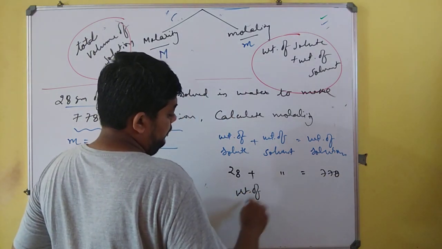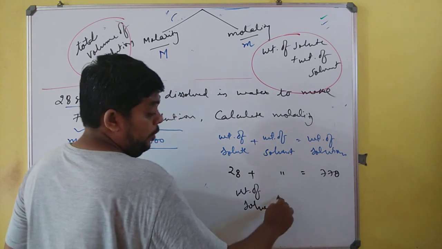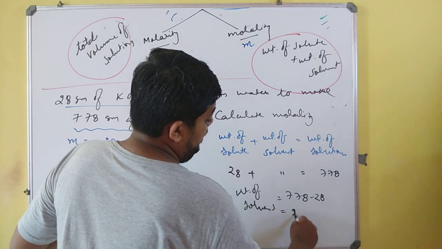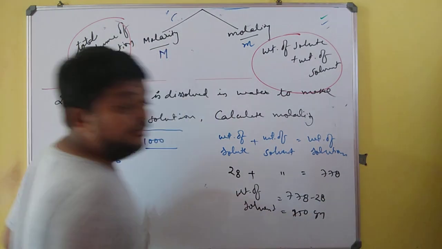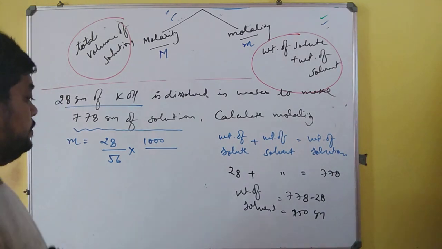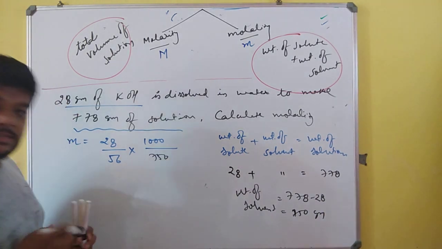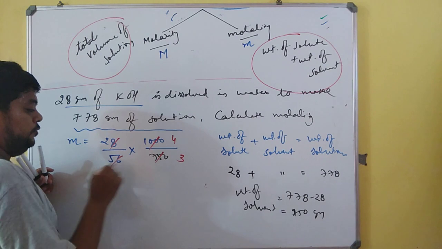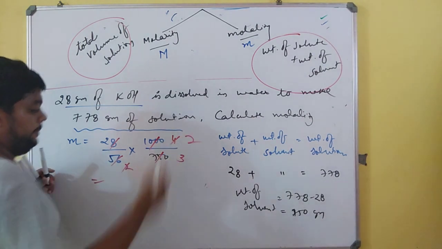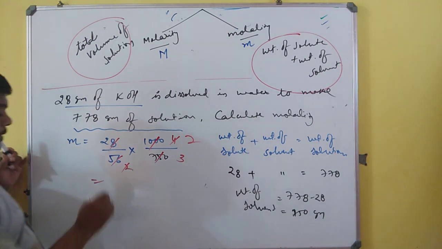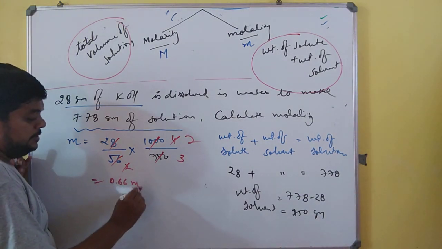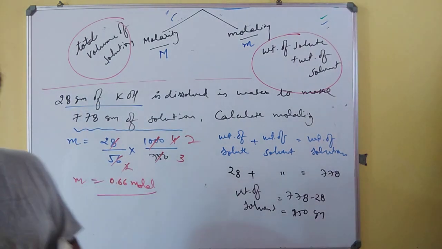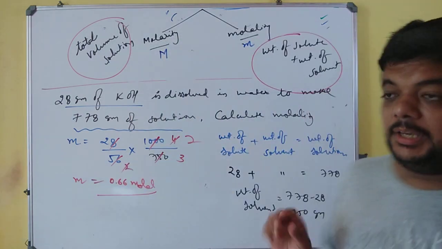So weight of solvent will be 778 minus 28, and I will end up with 750 grams. So this 750 grams will be placed here, and it will be solved like this. So it is 2/3, that is 0.66 molar. I hope you are getting the concept of what I am speaking.